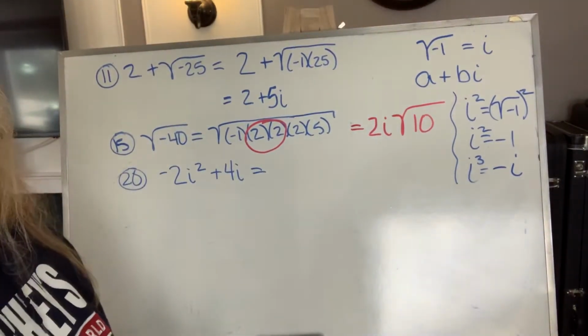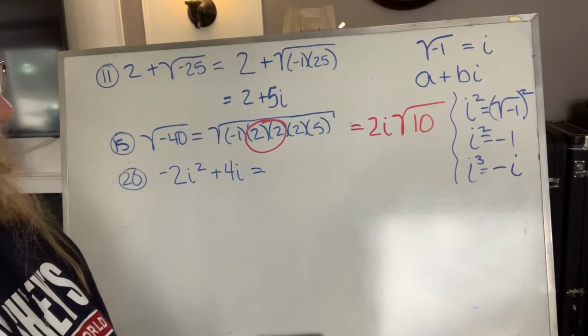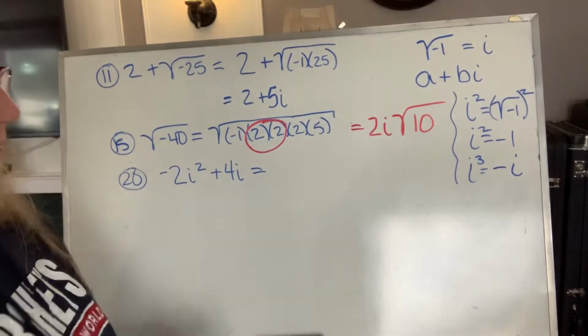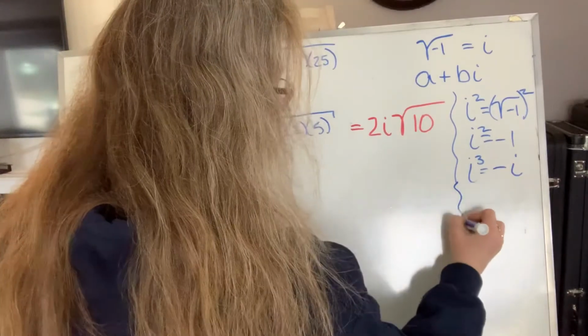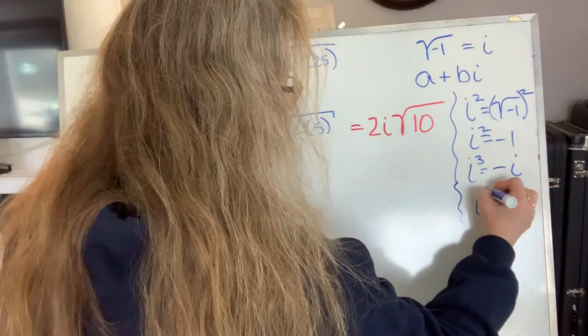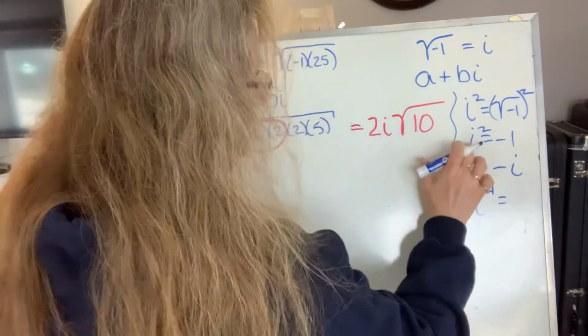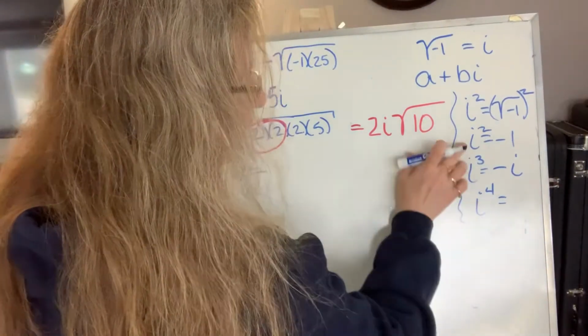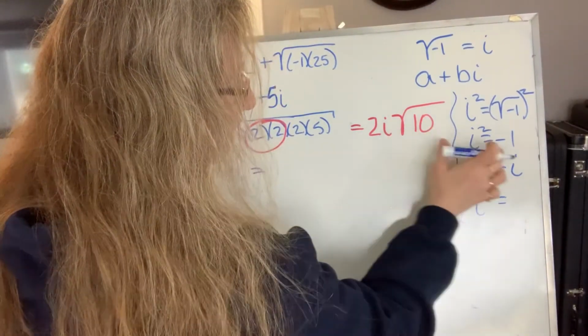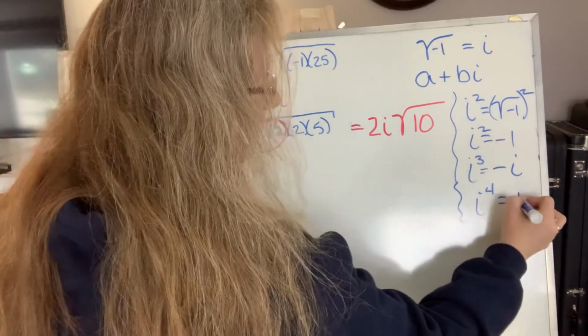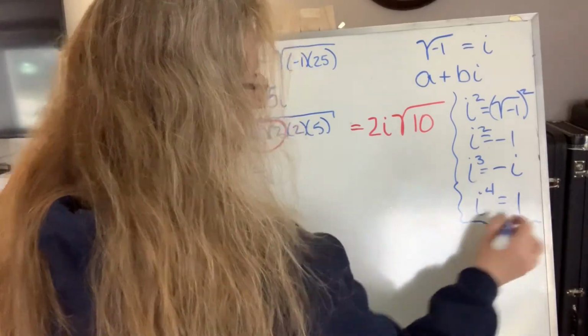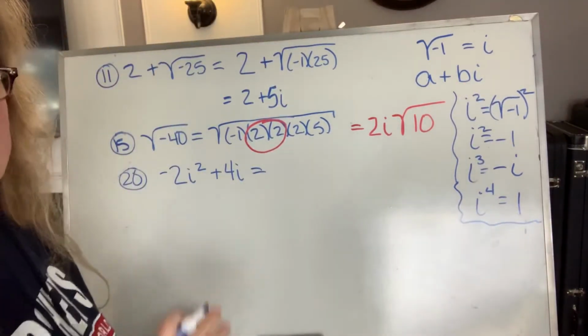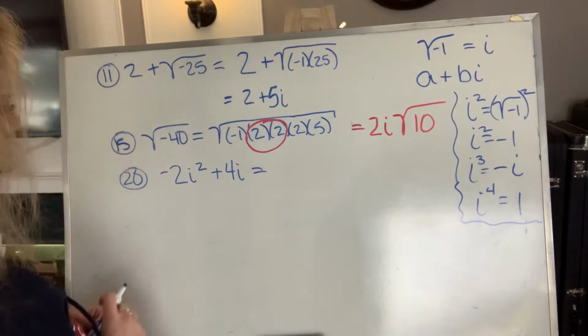One of the videos I shared on Canvas does a really good job of spending more time on this. I'm trying to breeze through this, so I apologize. So i to the fourth is i squared times i squared. -1 times -1 is +1, okay? So I know I blew through that. Check that other video out to see more of that.